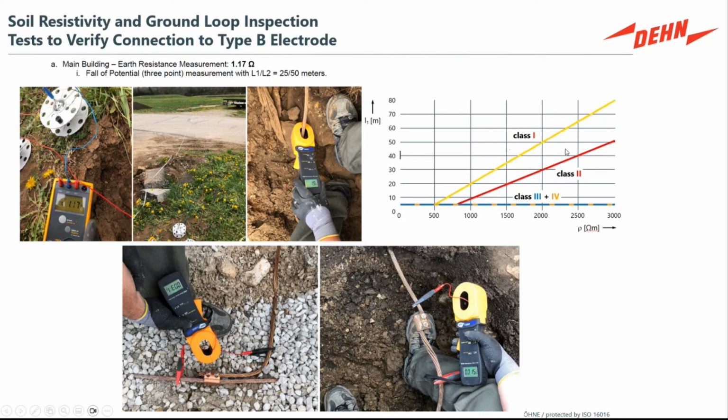If you have the very highest risk allowable, you'll see that you're on a much more aggressive amount of conductor that needs to be installed based on the soil conditions. So anything like 1,000 ohm meter soil, which might be a very dry, very, very tough environment, you'll need much more buried conductor in contact with the soil just to meet the lightning protection requirements.